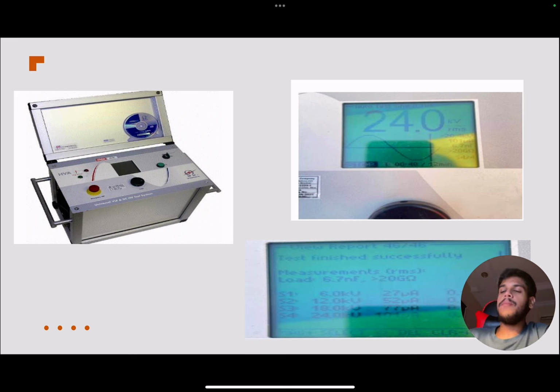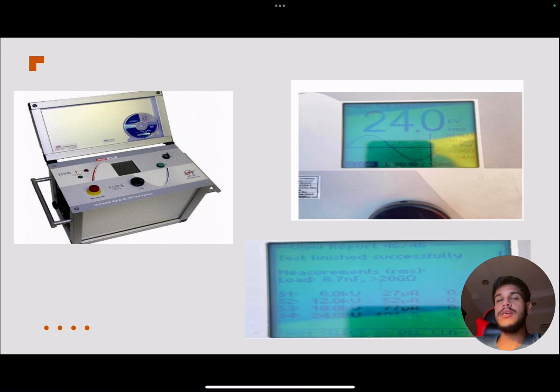After we make sure the contractor implements the underground cable and its power, we need to put it through a test in a device called the Universal VLF and DC High Voltage Test System. We did one of the tests, the VLF, which refers to a very low frequency AC test.